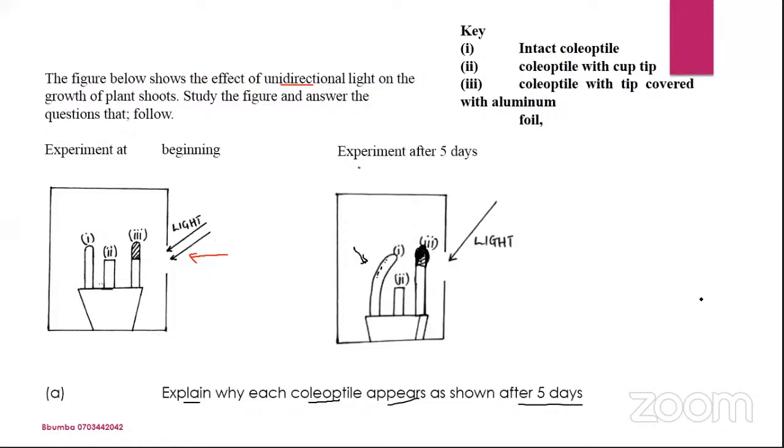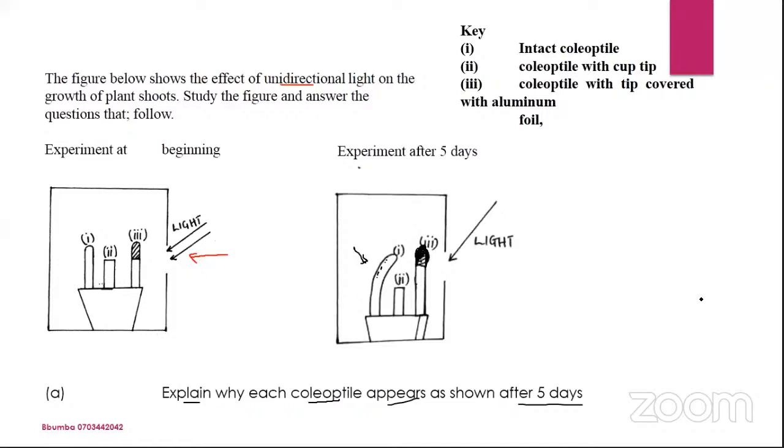Then how about William? William G. I'm going to answer the third coleoptile. Yes, please. The third coleoptile was covered with aluminium foil, which blocked the light from reaching the tip of the plant.